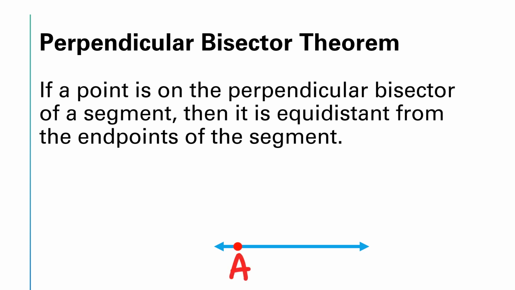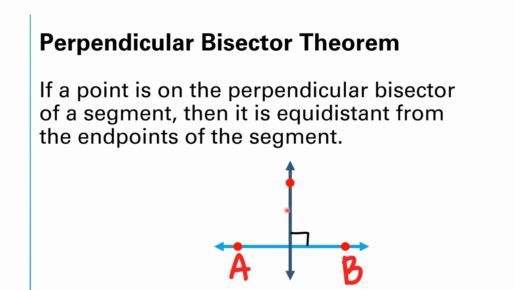All right, so let's say we have our perpendicular bisector. We know that's a right angle. It says if a point is on the perpendicular bisector, I'm just randomly placing it up there. You could put the point anywhere on this perpendicular bisector.